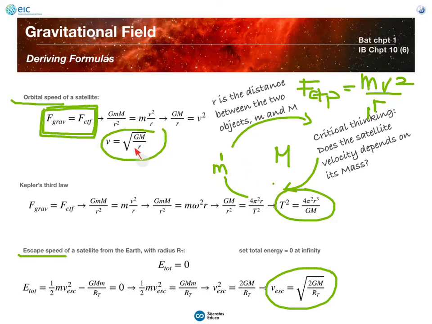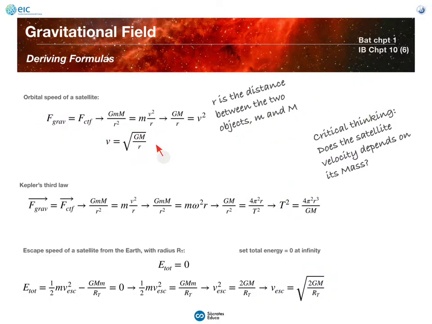So let's look at the steps. Gravitational force, ignore the minus, because we look at the magnitude. Simplify: m and m go away, r and r can be simplified, and then make v the subject by taking the square root.